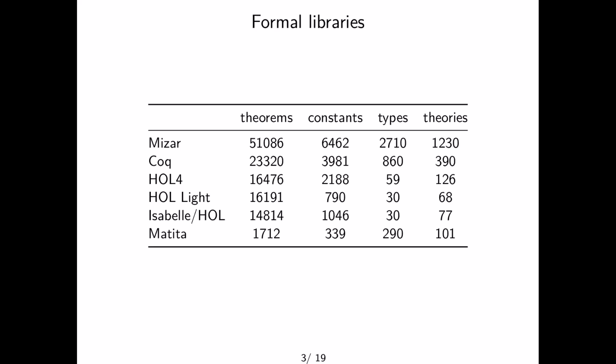It's not the full libraries. And we are only interested in statements like theorems and the constants and the types that appear in those theorems. And we are not interested in proofs. So in the rest of this talk, you can ignore proofs. We will just consider statements and figure out how to recognize which concepts are similar across the different libraries.